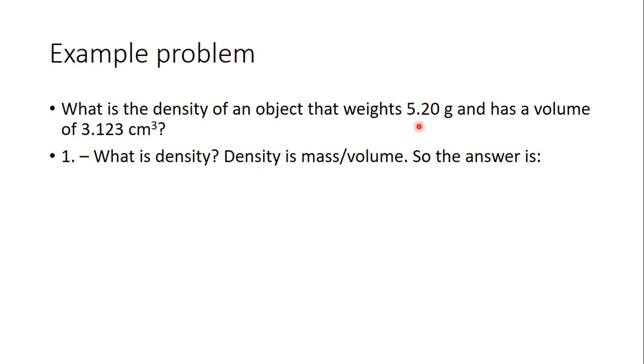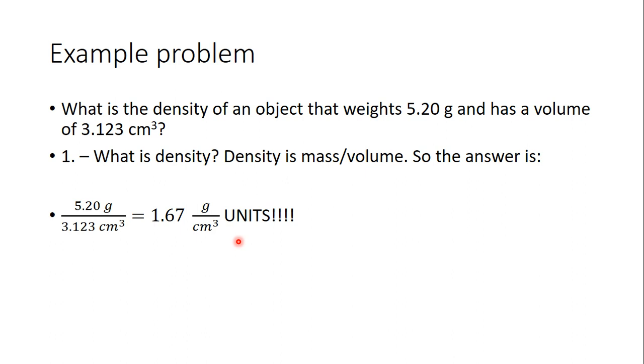Well, we know density is mass, 5.2 grams, divided by volume, 3.123 cubic centimeters. So the answer is simply take your 5.20 grams and you divide it by 3.123 cubic centimeters. You get 1.67 grams per cubic centimeter.